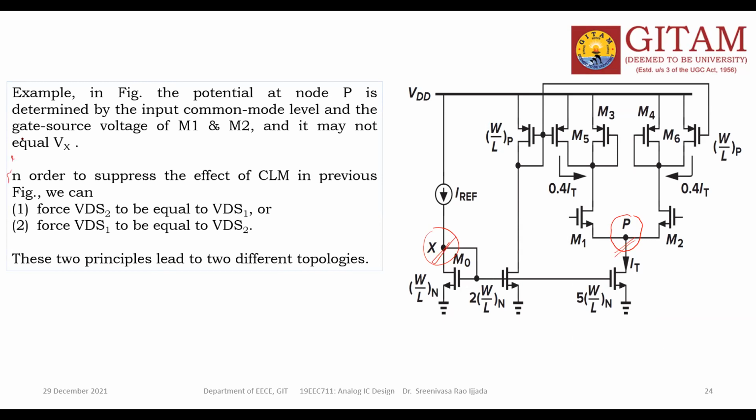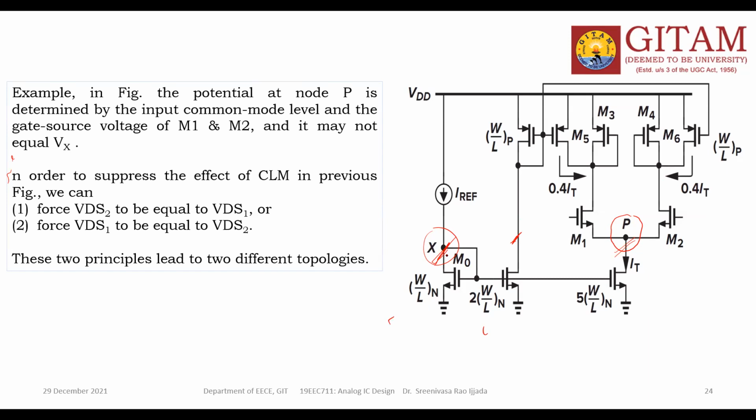In order to suppress the effect of channel length modulation in the previous picture, we can go with two options: force VDS2 to be equal to VDS1, or force VDS1 equal to VDS2.